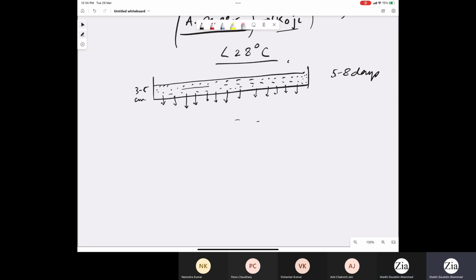One is liquid surface culture, and another is submerged culture.